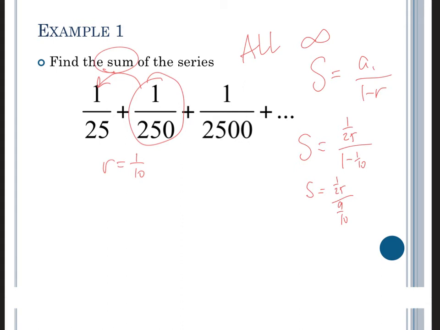I switched calculators and I don't know where the buttons are on this one. 1/25 divided by 9/10, and I get 0.004. Actually, let me see if I can change that to a fraction. I would prefer it as a fraction. 2/45. Okay, that's all the numbers added up.